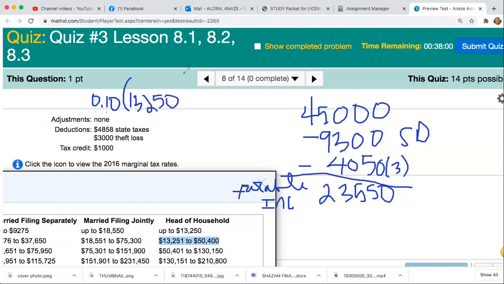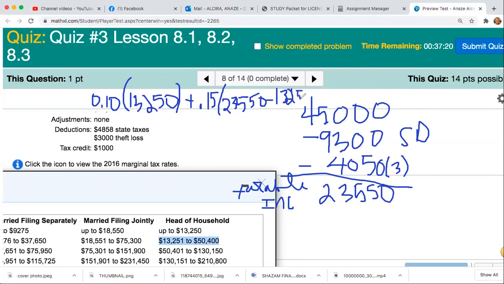And then plus 15% on the remaining amount from the 23,000, guys. So we take the 23,550 and subtract the 13,250 she's already paid taxes on, to figure out how much she has left to pay taxes on at 15%.